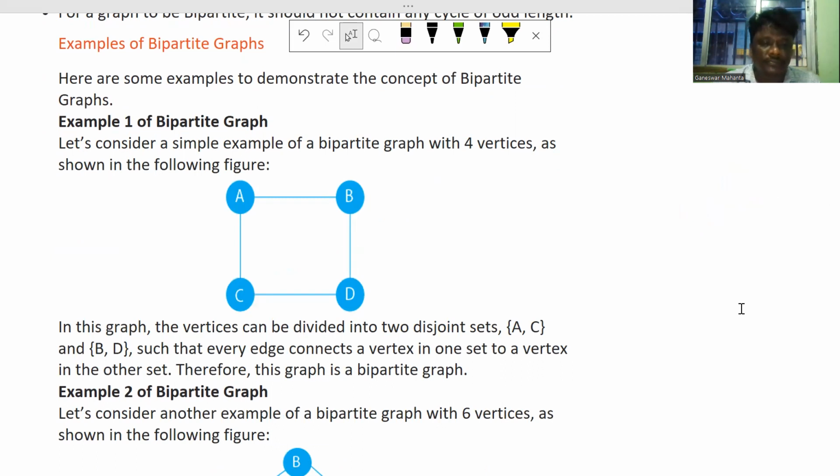Let us consider a simple example: a bipartite graph which contains four vertices, as shown in this figure: A, B, C, D. In this graph, the vertices can be divided into two disjoint sets, AC and BD, such that every edge connects a vertex in one set to a vertex in the other set. Therefore, the graph is bipartite.